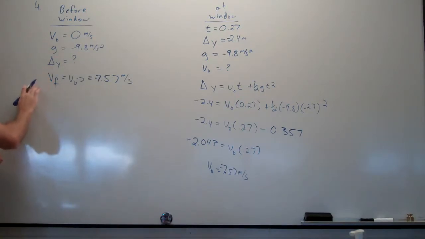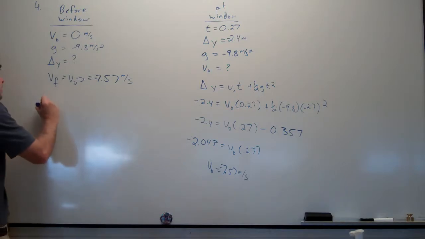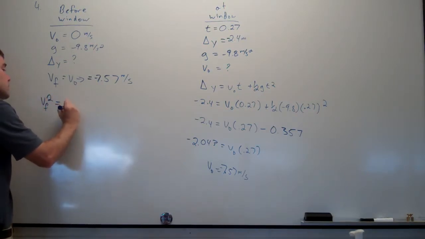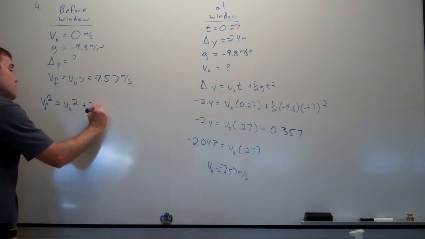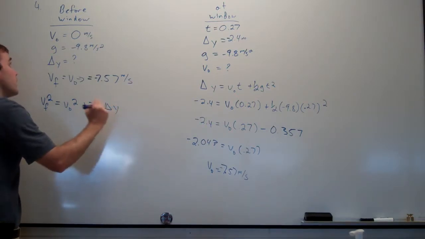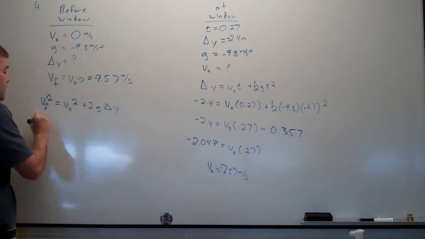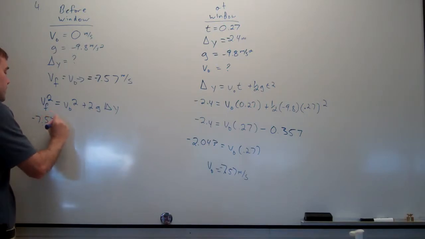So now what equation has all four of those variables in it? v0, g, delta y, and vf. Fourth one, so we're going to use vf squared equals v0 squared plus 2g delta y. vf is negative 7.57 meters per second.